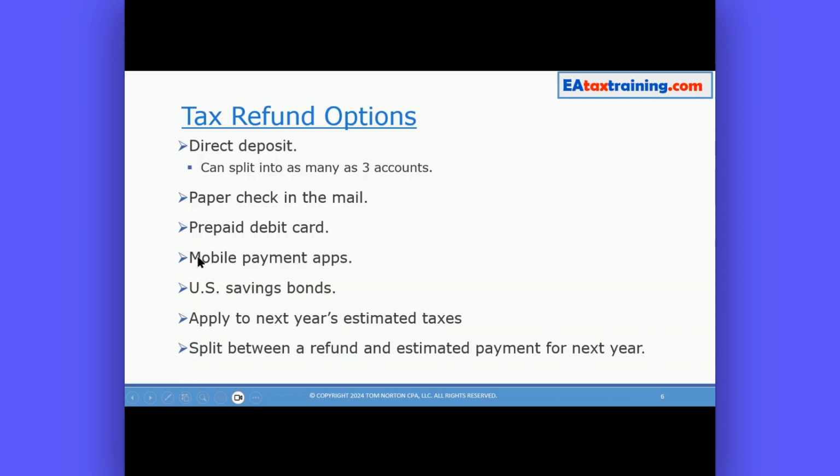The IRS is using some mobile payment apps, and I think that will expand in the future. You can get U.S. savings bonds instead of getting a direct refund of cash. You can apply your overpayment to next year's estimated taxes, or you can split your overpayment between getting a refund and then using part of it for next year's estimated taxes.